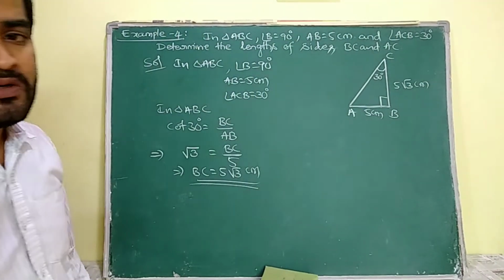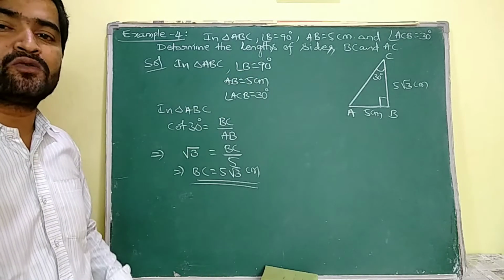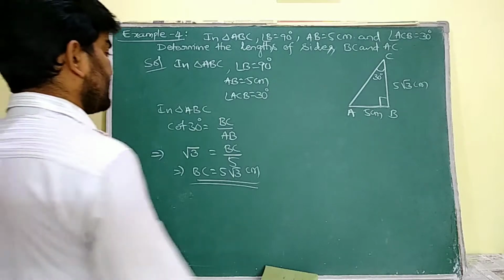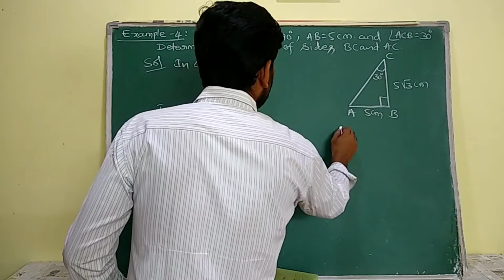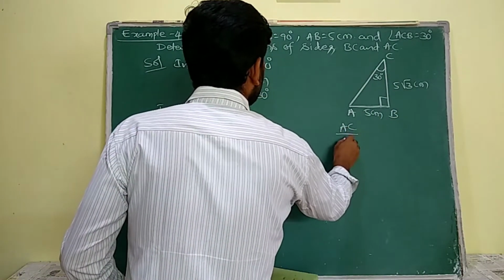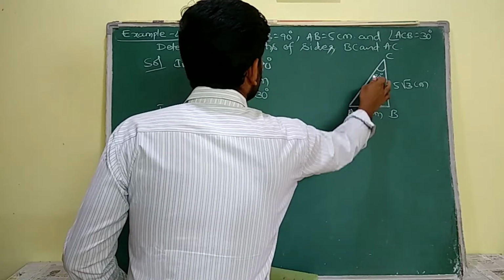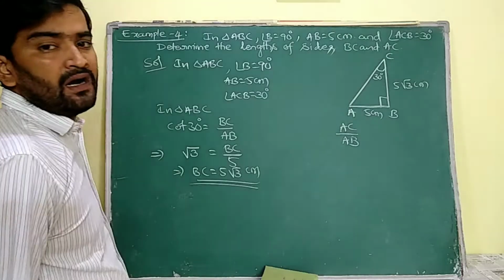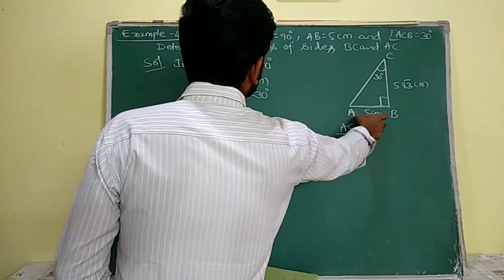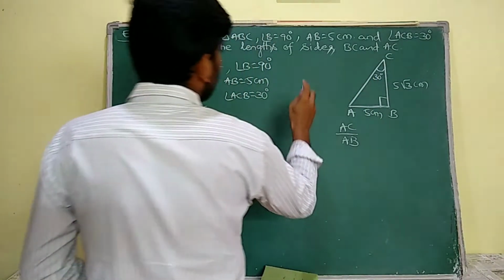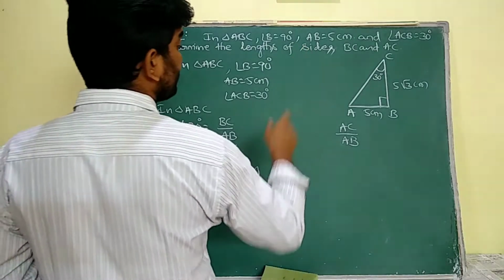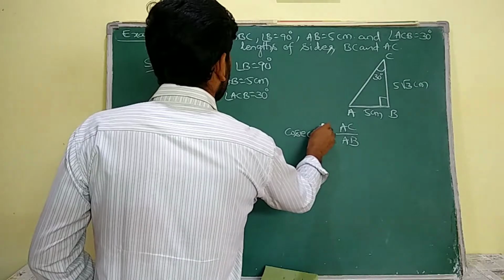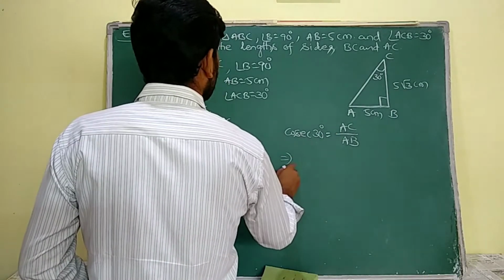Now AC can be calculated by using the Pythagoras theorem, else you may follow the same strategy here. Now the required side here is AC, and the known side here is AB. So with respect to this 30 degrees, AC by AB means hypotenuse by opposite side, which is cosecant 30.